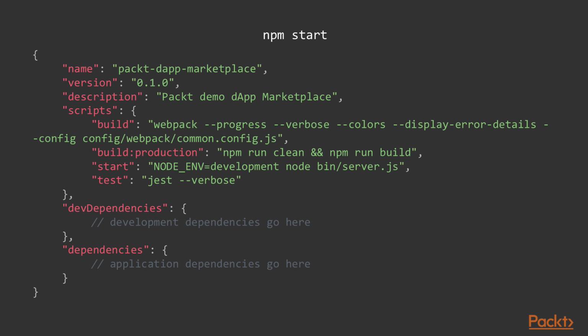There's a file in the code you downloaded for this application called package.json, and it looks like this. Inside, you'll find some basic things like application name, version, and description, and then we have this scripts block. Each of the keys listed here is a command we can use with npm, the Node package manager.